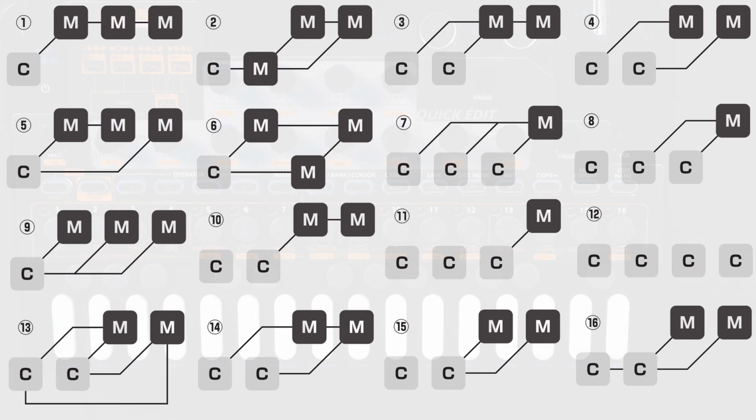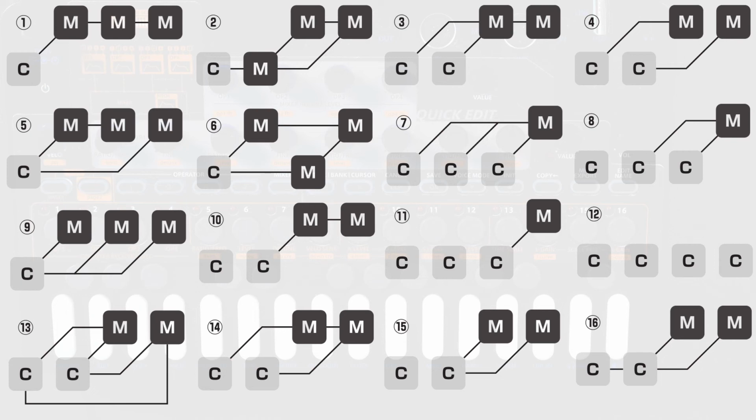In the context of a lot of other FM synthesizers, each operator can either be a carrier, meaning it outputs to the mixer, or a modulator, meaning it is used to modulate another one of the operators in the stack.